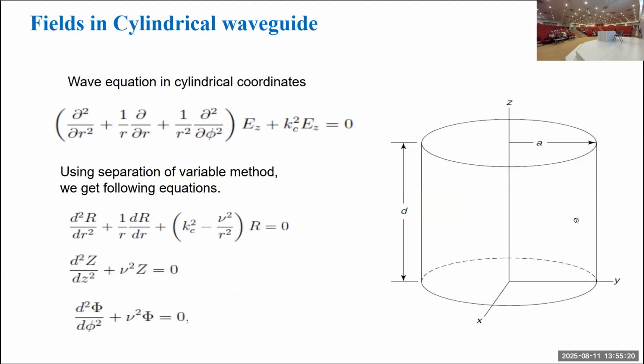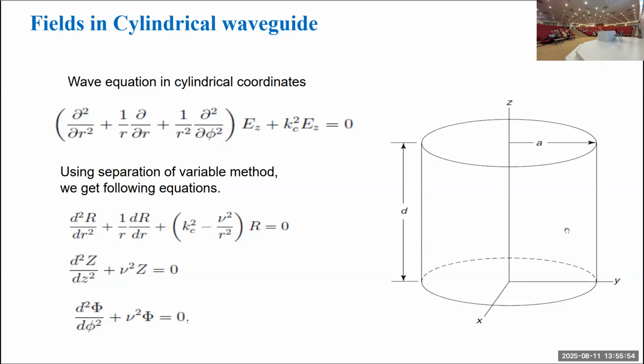Now, looking at circular waveguides. Previously, we discussed rectangular waveguides. If we come to the circular waveguide, to solve the wave equation for these, we write the wave equation in cylindrical coordinates and use the separation of variables method, and three independent equations are obtained.